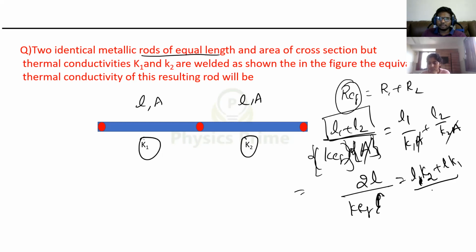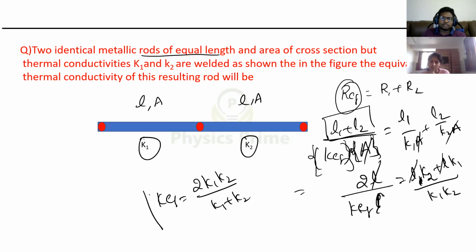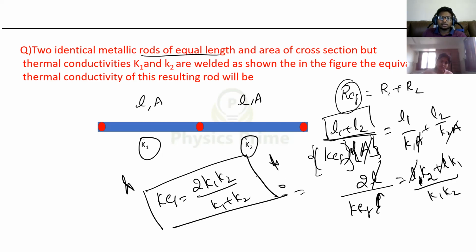Both are the same, so K1, K2. So we can write this as L. If I take L common, I can cancel this L, right? Then K equivalent is equal to 2K1K2 upon K1 plus K2.